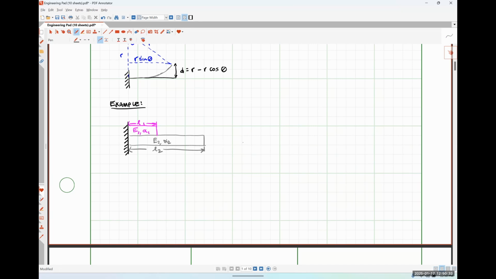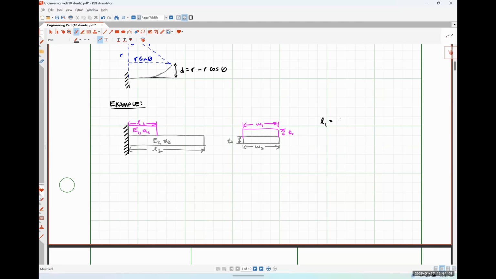So we would see some thickness T2, width W2, thickness T1, and width W1 like so.